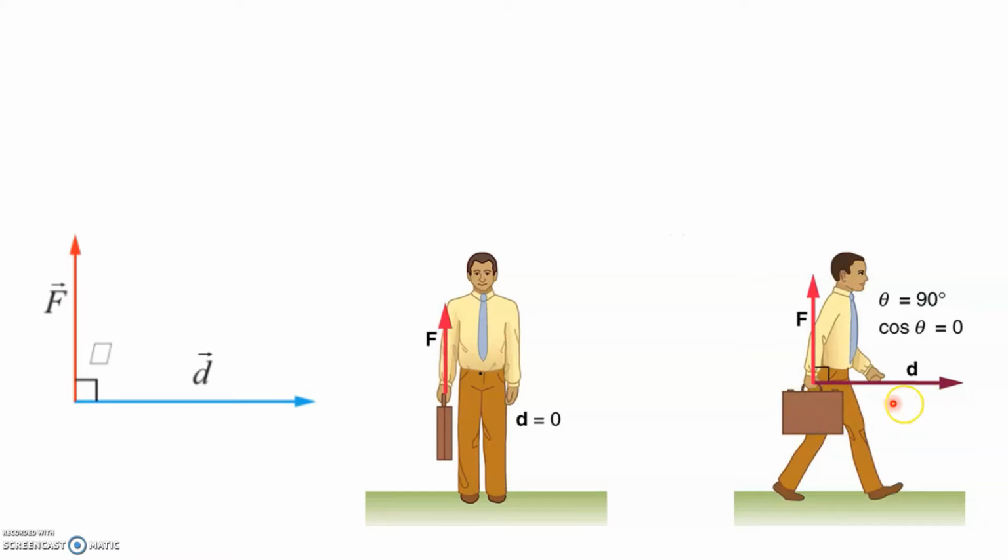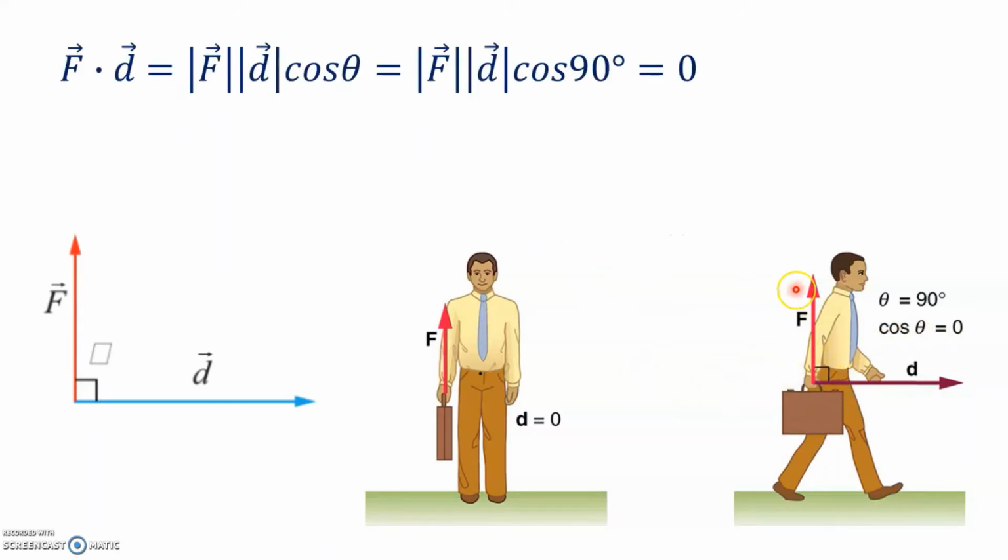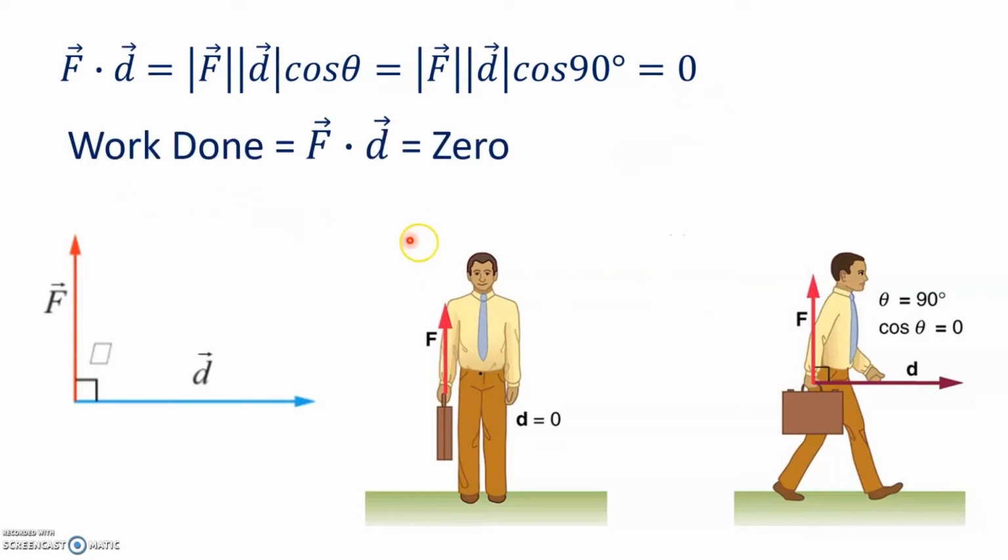If you look at the dot product of this displacement and this force, the result would be 0. That is because cos 90 degrees is 0, the angle between them. So in the second case, where the displacement vector and the force vector are in a dot product, the result is 0, and the work done would be 0.